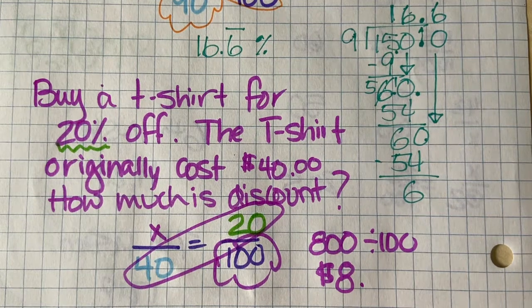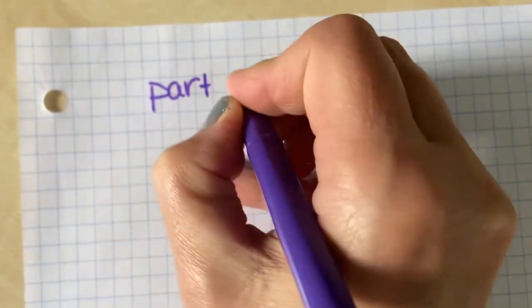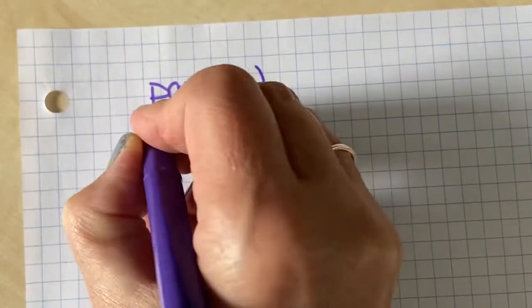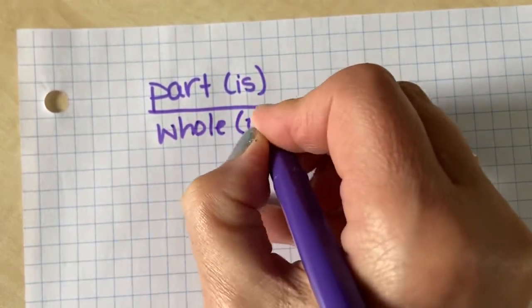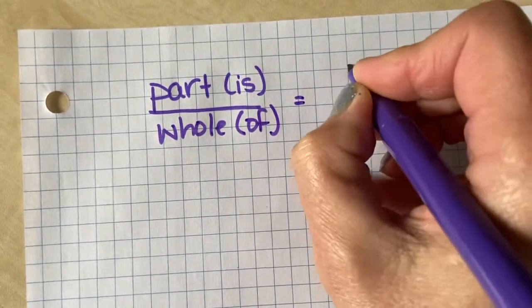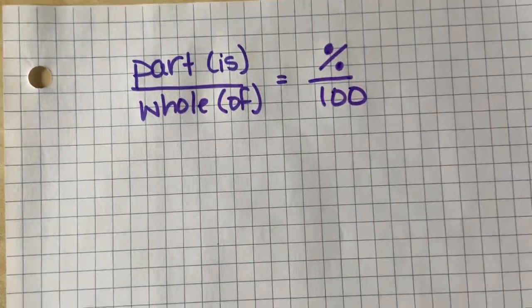So when we have problems that are like tip or sales tax or something like that, then it's always going to be the same thing. Remember I said it's part over whole, so part, or the is over the whole, or the of, is equal to whatever your percent is over 100. That is always going to be the case.